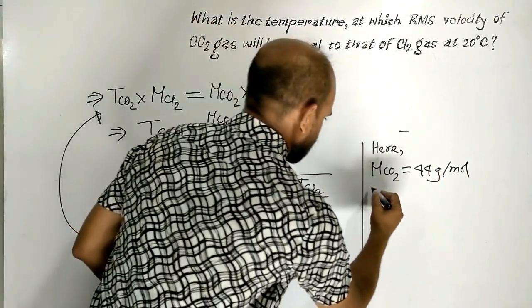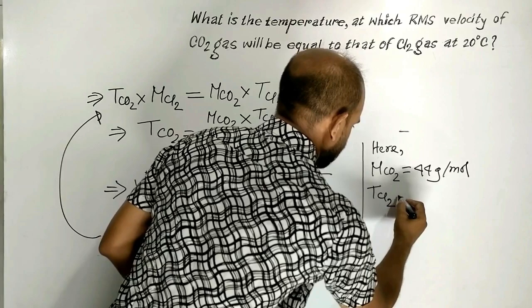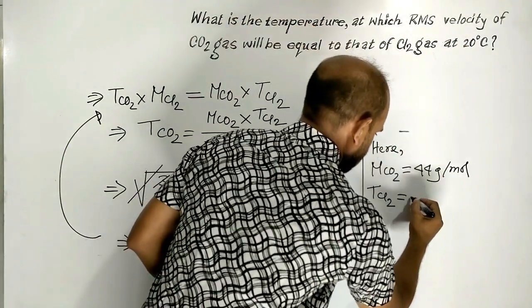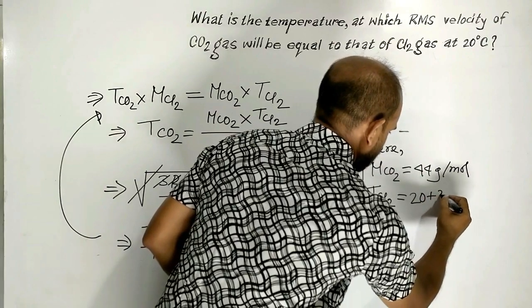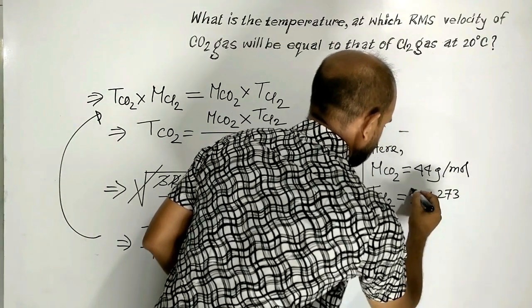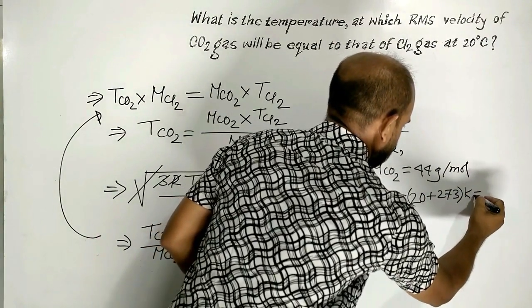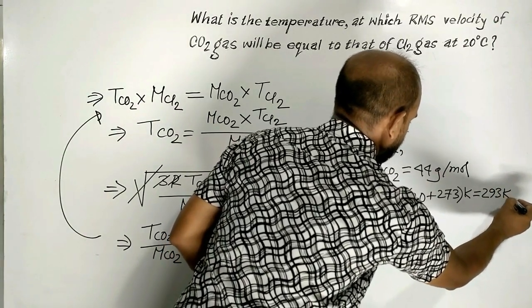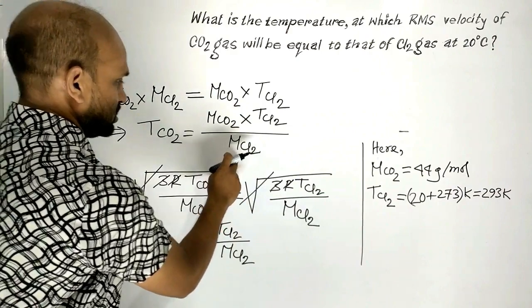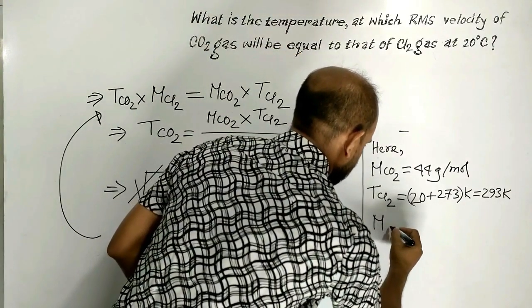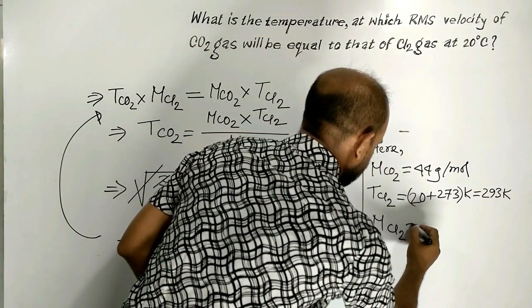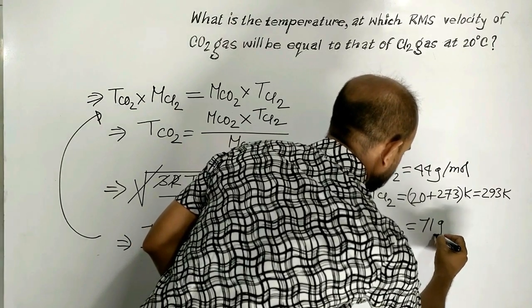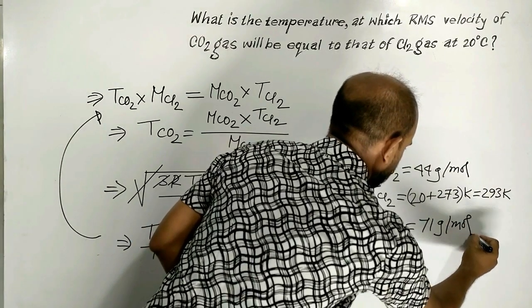Then Kelvin temperature for chlorine gas, this is 20 degrees Celsius temperature. So 20 plus 273 Kelvin, this is equal to 293 Kelvin. Then molar mass for chlorine gas, this is equal to 71 gram per mole.